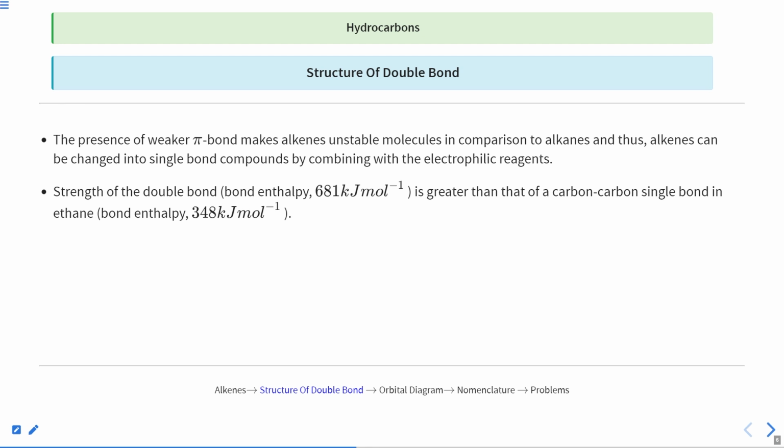If you compare ethene, it has only one carbon-carbon sigma bond and one pi bond. But in case of ethane, the bond enthalpy of one carbon-carbon single bond is 348. Now there are other bonds also, carbon and hydrogen, and those are sigma bonds. Clear? Therefore, when you add those single bond energies, that would result in more bond enthalpy as compared to the carbon-carbon double bond.